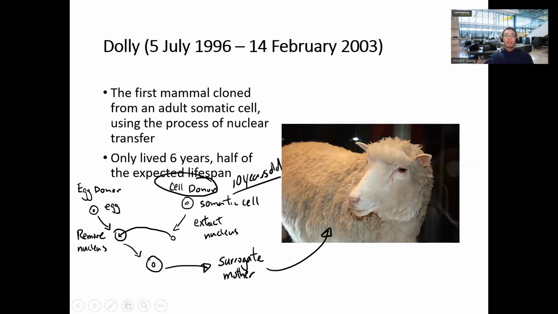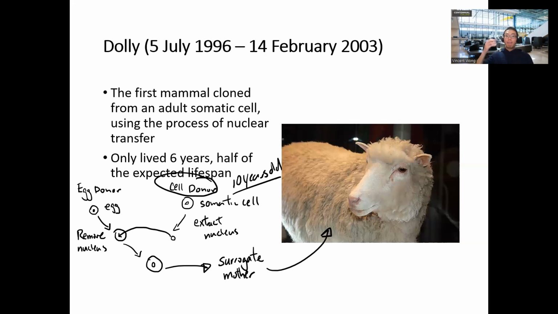That means the cellular age is 10 years old. Even though Dolly was born like a newborn baby, age 0, so to speak, the cellular age is already 10 years old, because the telomeres that it inherited were already quite short.